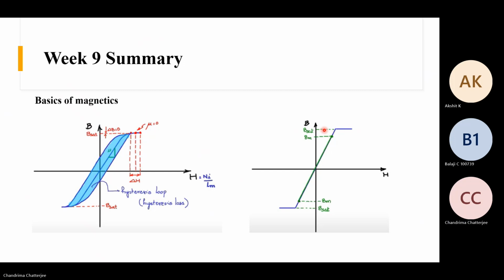This is B sat, the saturation flux density, and this is minus B sat. When we design, we will restrict the maximum flux density to some point with a margin from the saturation flux density. This is the safe operating region.